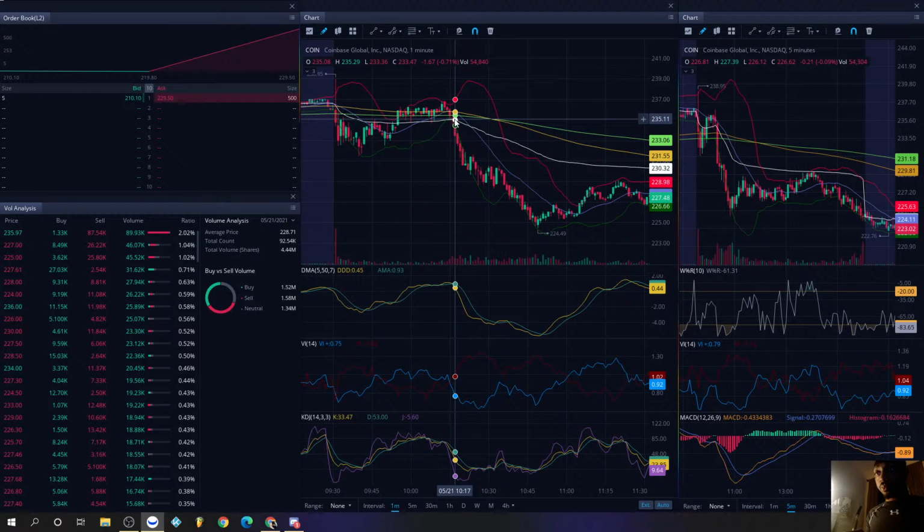And so what you get here is technical analysis. With Coinbase, to anybody who's new to Coinbase, it is definitely in a free fall with crypto right now, is what I would call it.